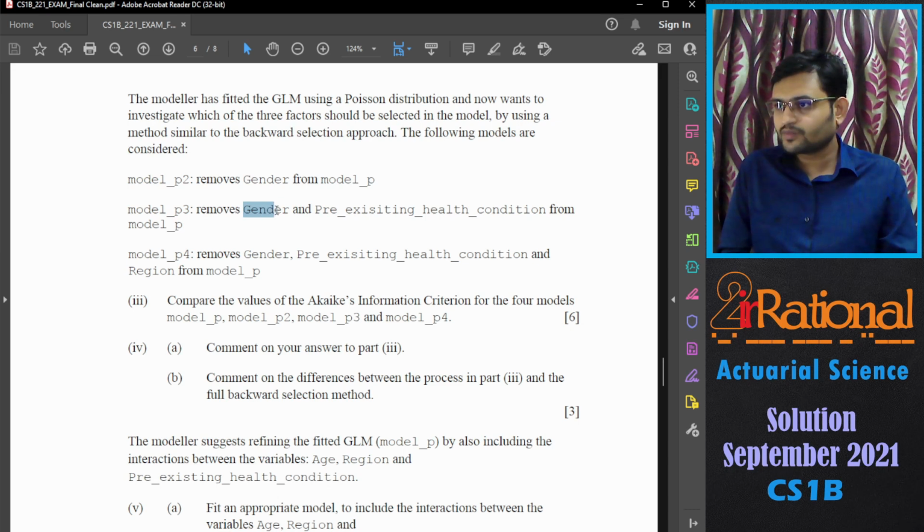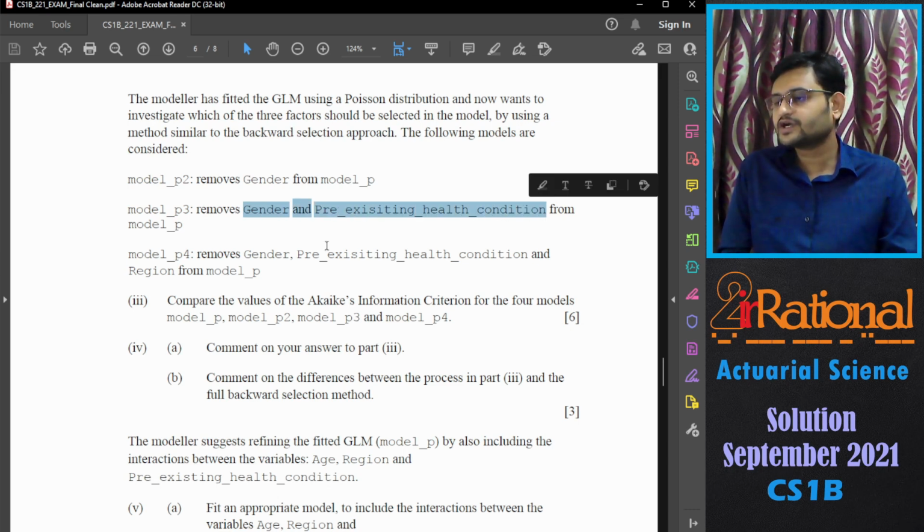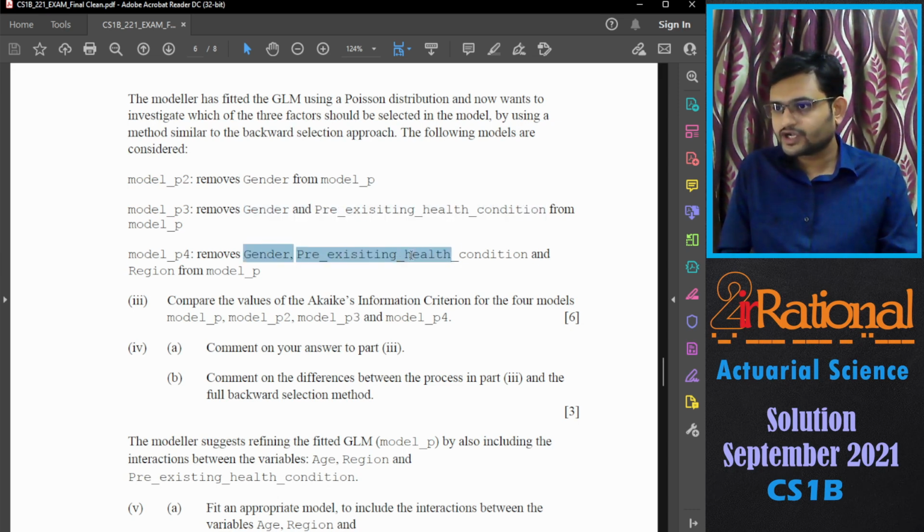Then we have removal of gender and pre-existing condition. Then we have gender, pre-existing condition and region removed from model_P. Okay. Then compare the values of the Akaike information criterion, that is our AIC number, for the 4 models. These are the 4 models.